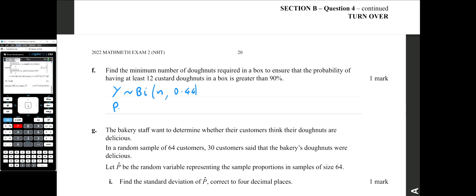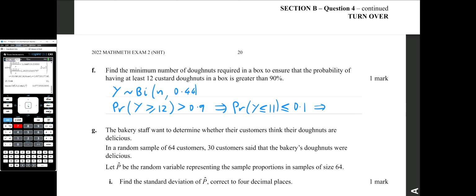So what we want is the probability of having at least 12 custard donuts, so Y greater than or equal to 12, we want that to be greater than 0.9. So we need to convert that into the opposite. We need it to be less than or equal to. So that is the probability of Y less than or equal to 11 is less than or equal to 0.1.